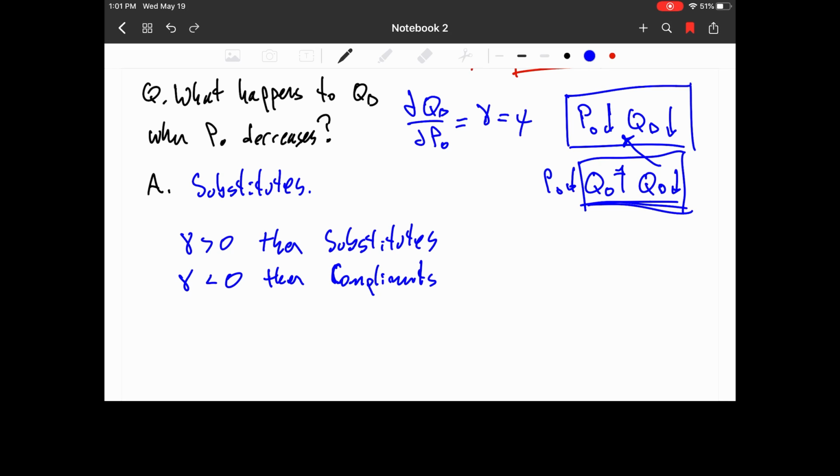What happens to QD when price of the substitute increases or decreases? But we can also ask a separate question, which is, what happens to price when P0 decreases?